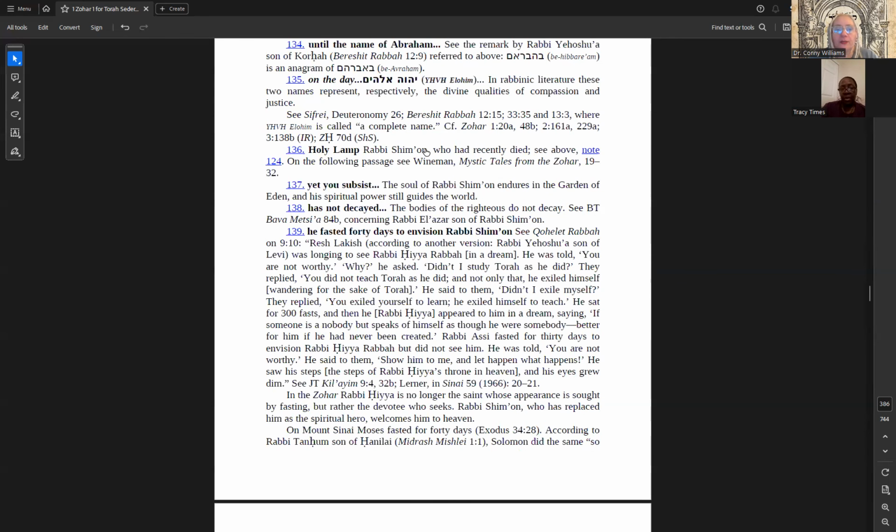See the remark by Rabbi Yehoshua, son of Kocha, in Bereshit Rabbah, referred to above: Behi Baream is an anagram of Be'avraham. If you know your Hebrew letters, you can look at that Hebrew word and see Abraham right away in it.